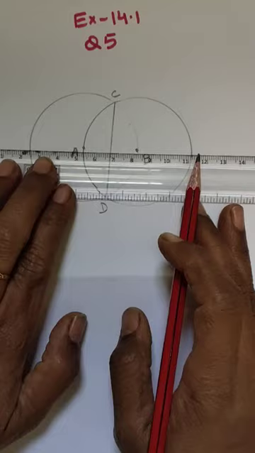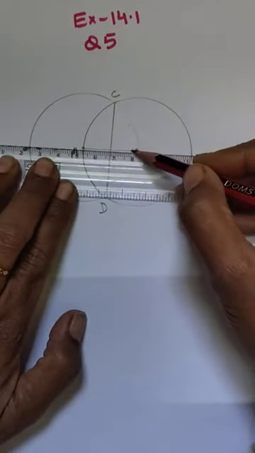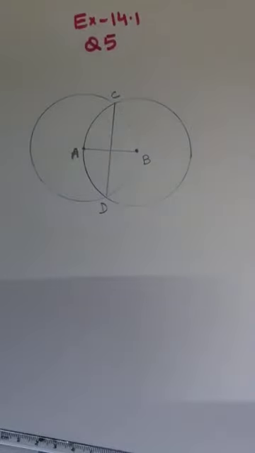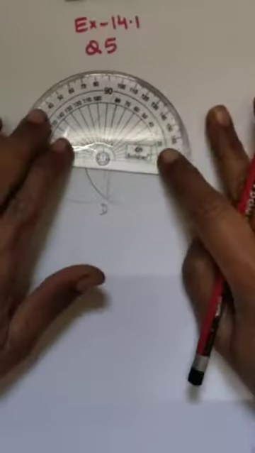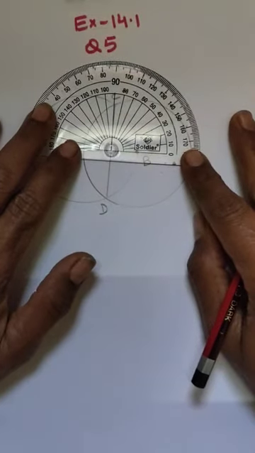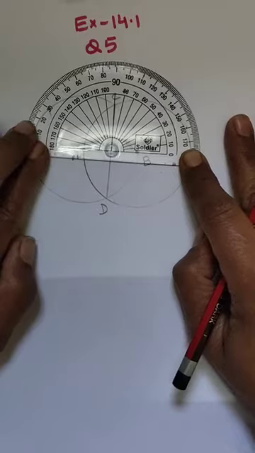CD you have to join, and AB also you need to join. Okay. Now you have to check whether they are at right angles or not. How we will check? By measuring it. See, this is exactly 90 degree.